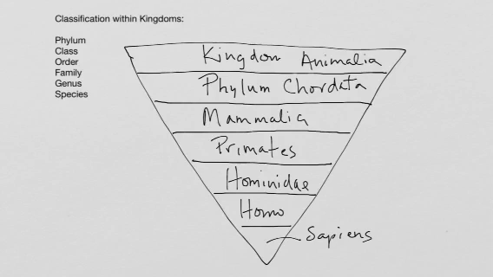And if we want to talk about relations, we share basically a subfamily with chimpanzees. We share a family with gorillas as well. Now, the further down two organisms go on this chain, the more closely related they are.